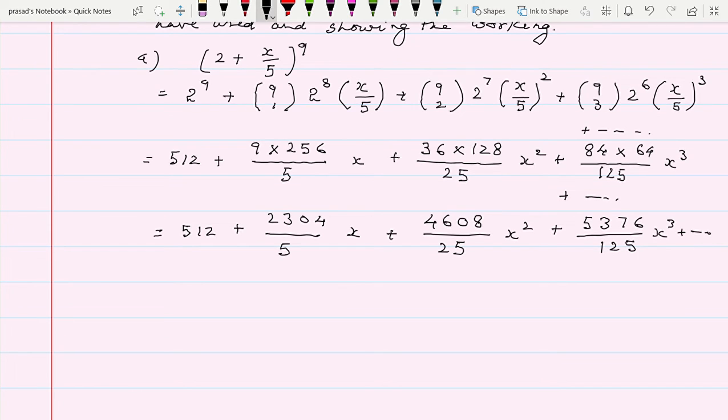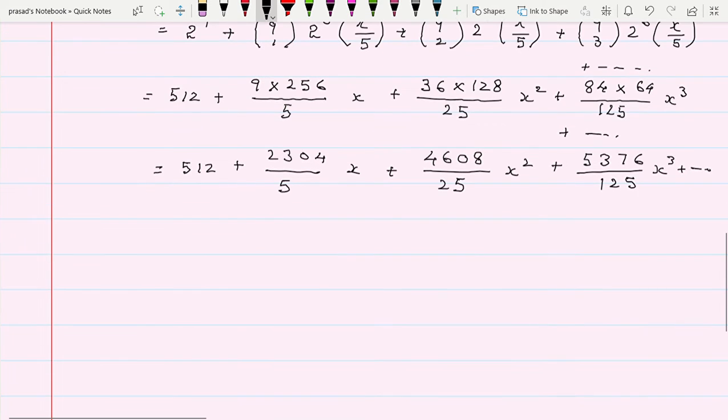So, using this expansion, you have to find the value of 2.02 to power 9. So, let me just equate this: 2 plus x upon 5 to power 9. And using that expansion, I want to estimate the value of 2.02 to power 9.